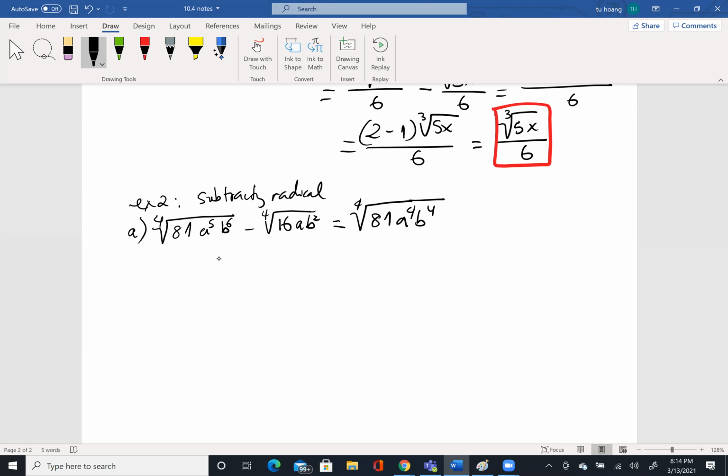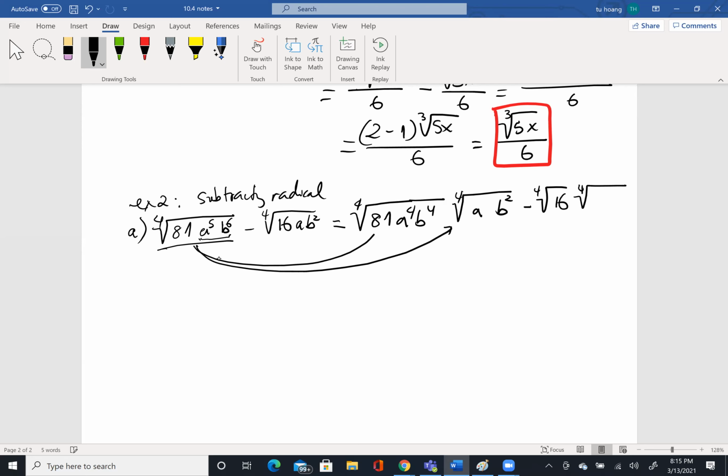And then remember that we still need to multiply by the 4th root of a times b to power 2 in order to make it from here to here. Right, we see that one term now splits to become 2 terms, and you minus 16 times 4th root of a times b squared.